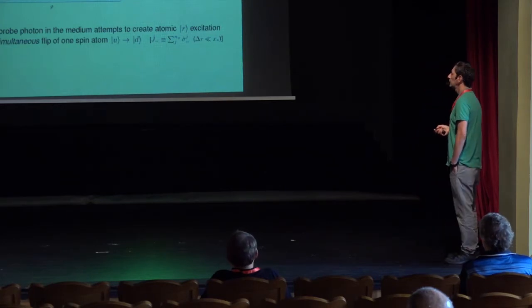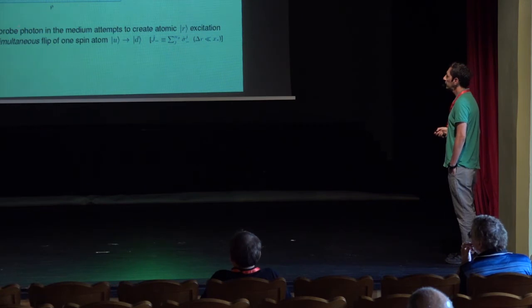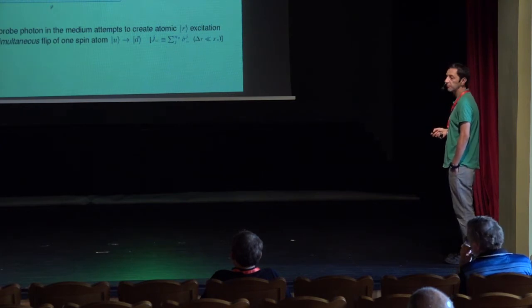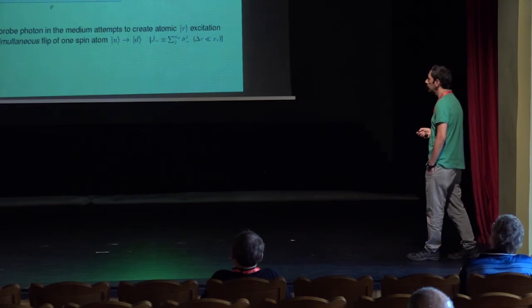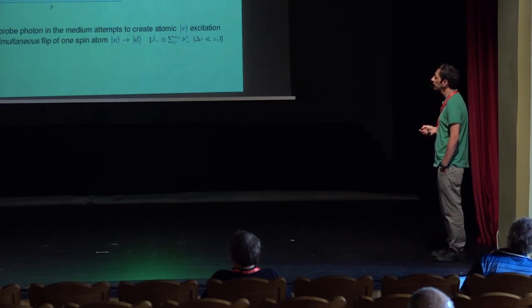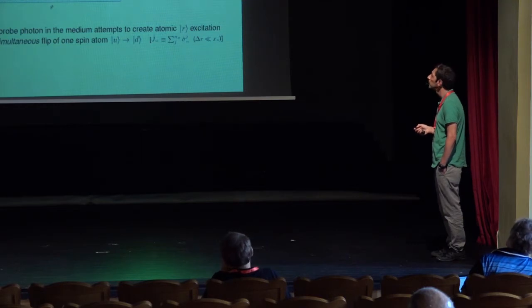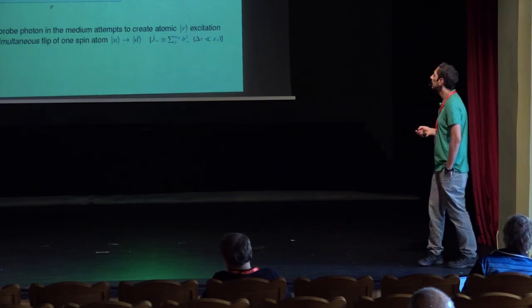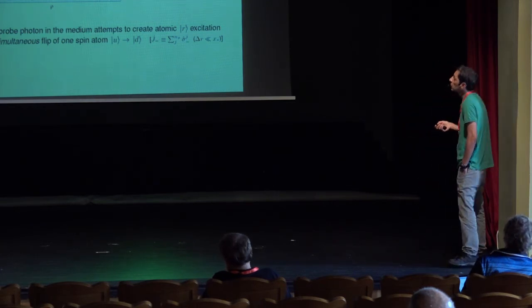So now if I have just one atom in the Rydberg state here, and I send one photon, then this one photon can propagate in this medium, which is now transparent, by flipping the spin. But while this one photon is inside of the medium, the second photon, as it wants to enter the medium, cannot create a dark state polariton because there is no spin atom to take for the driving essentially.